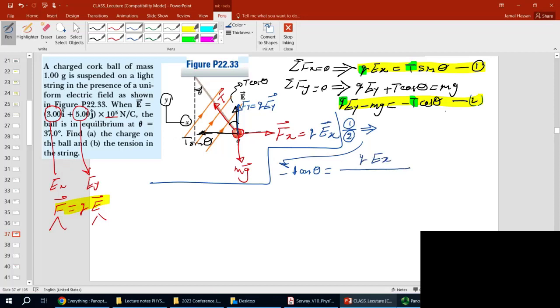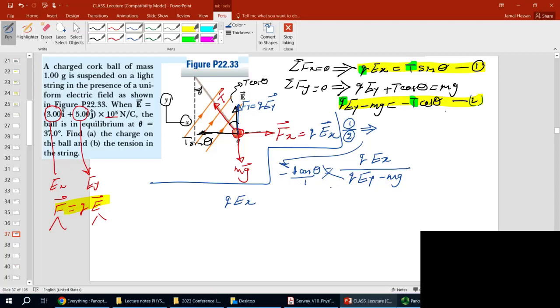QEx divided by the left-hand side, which is QEy minus mg. So I can get the value of Q by doing multiplication. Tangent theta multiplied by those, and I'm going to move everything to the left side.